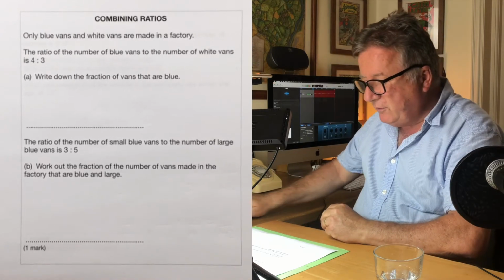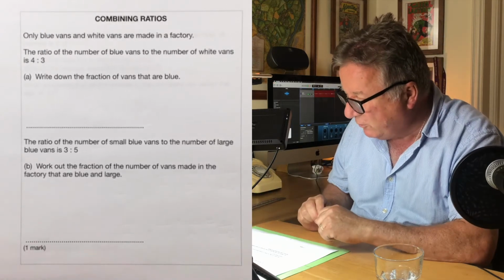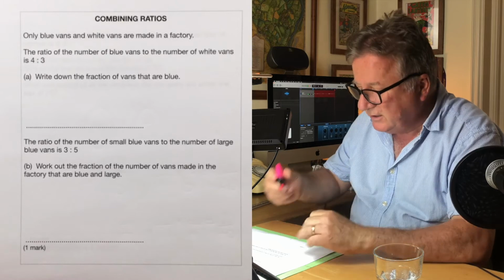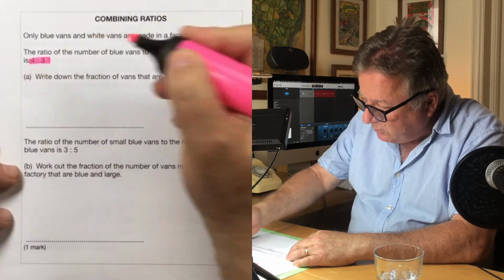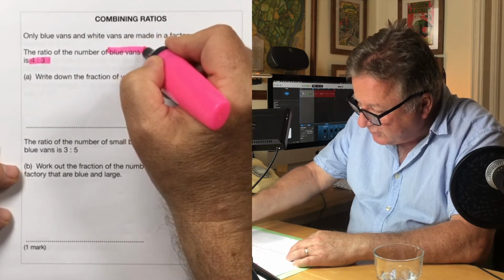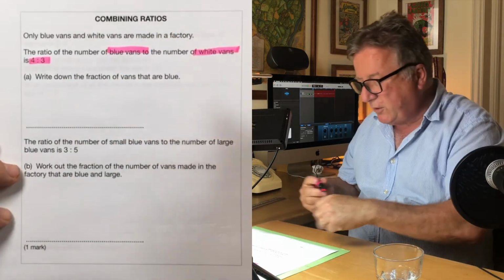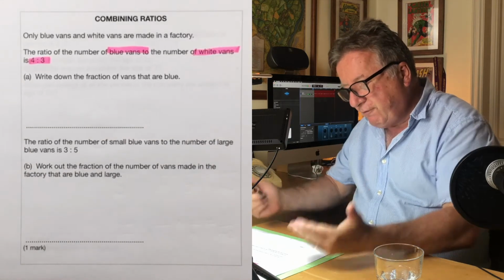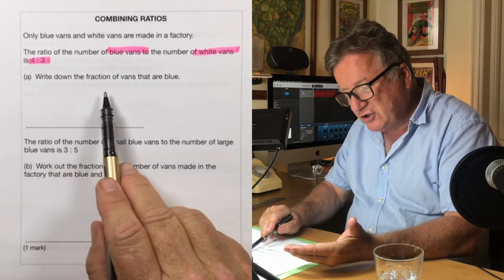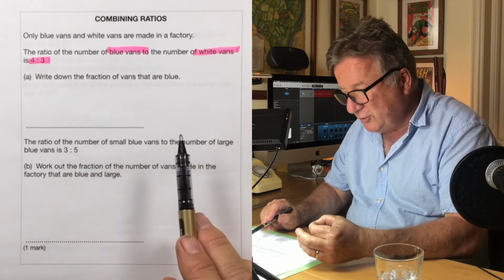The ratio of the number of blue vans to the number of white vans is 4:3. So I'm going to highlight the ratio because I want to remember that it's blue vans to white vans. Okay, and it's 4:3. And we want the fraction, write down the fraction of vans that are blue.